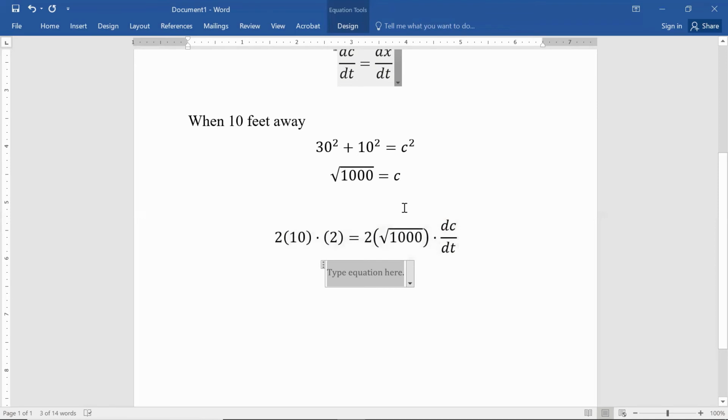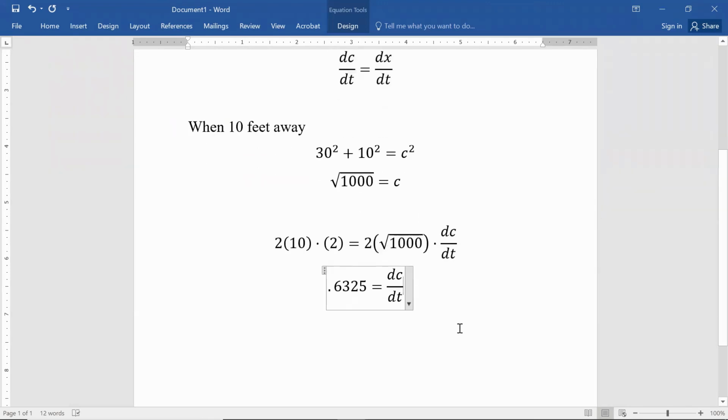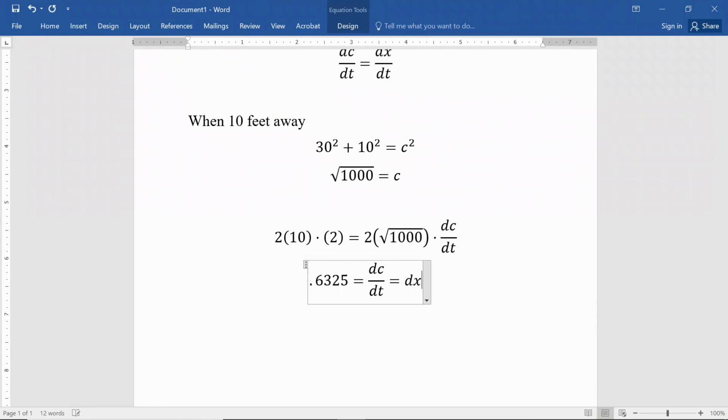If I want to find out how fast the length of rope is increasing, I solve this. 2 times 10 times 2 divided by 2 times the square root of 1,000. I got approximately 0.6325. That's dC dt.